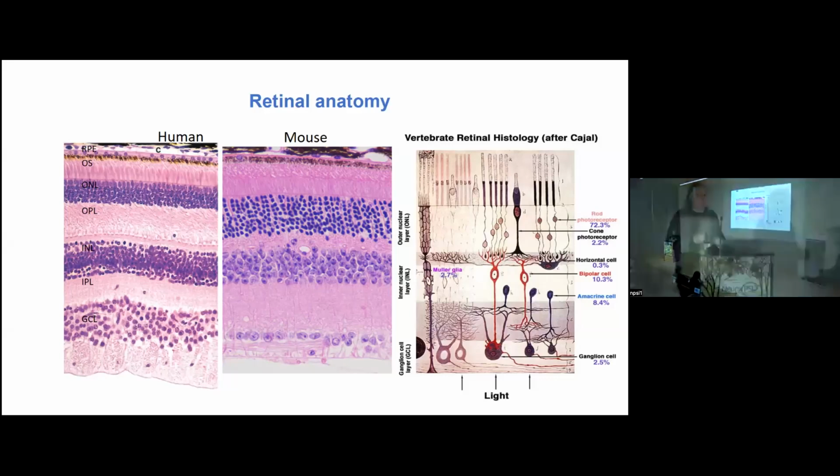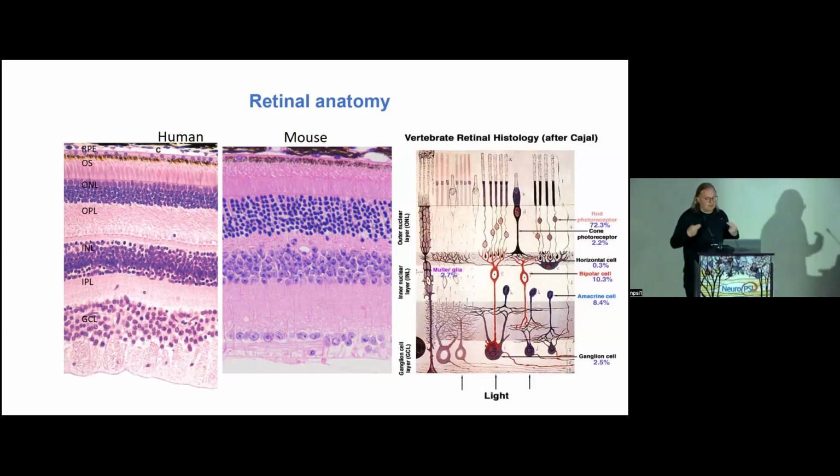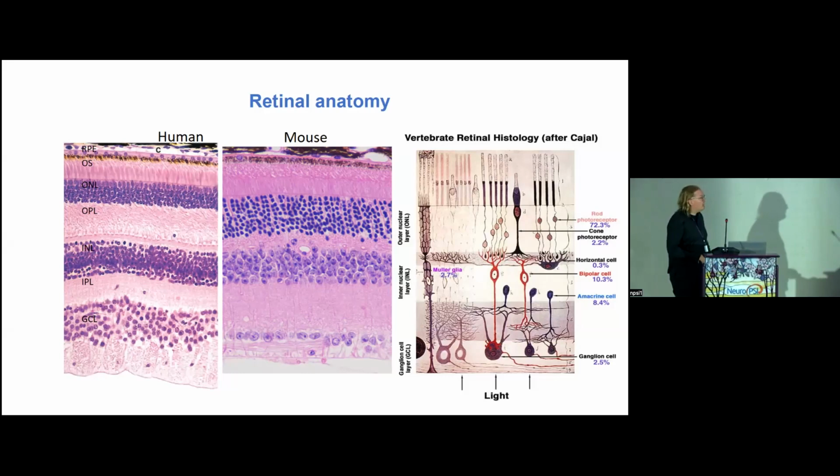So specifically, what I'm going to tell you about today is our work on studying injury-induced reprogramming of retinal glia into neurogenic progenitors, which can then replace cells that have been lost due to injury. Now, the retina is really an extremely tractable and accessible part of the central nervous system and contains six major types of neurons, and really has highly evolutionarily conserved anatomy.